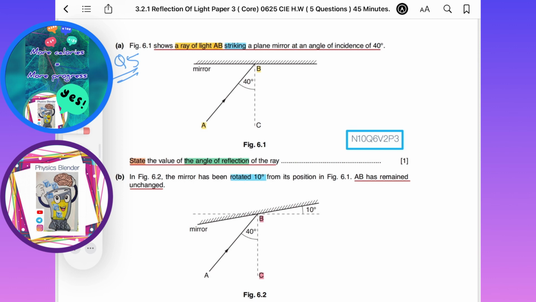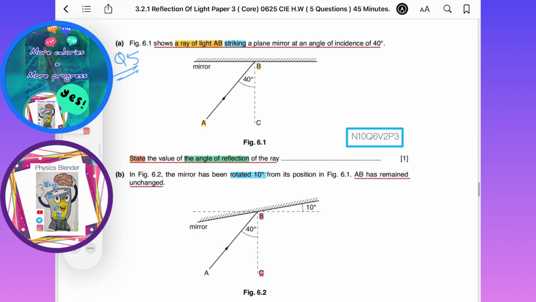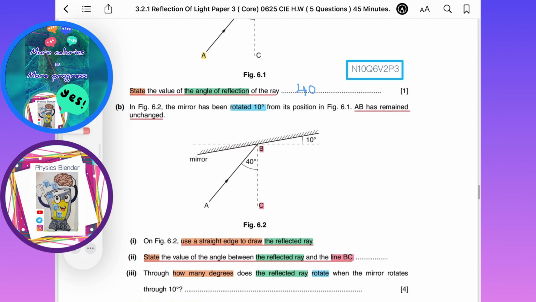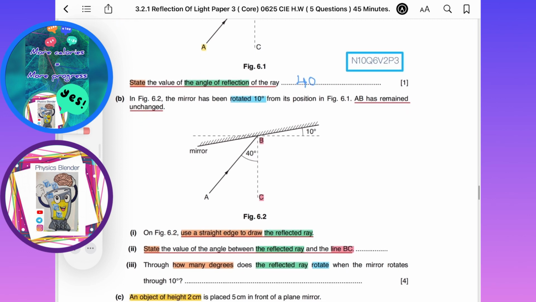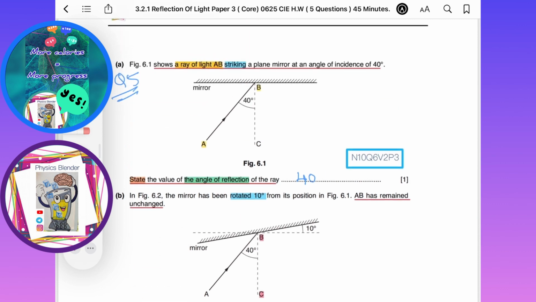We have here a light ray AB striking a plane mirror at an angle of incidence 40. State the value of the angle of reflection. According to the law of reflection, it will be also 40. The mirror here has been rotated by 10 degrees from its first position here.